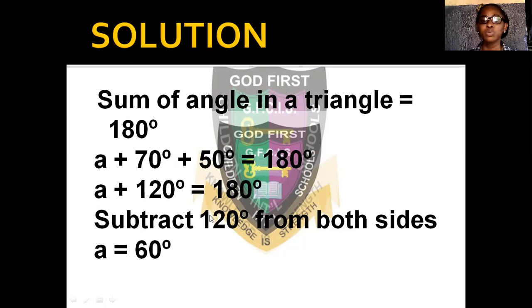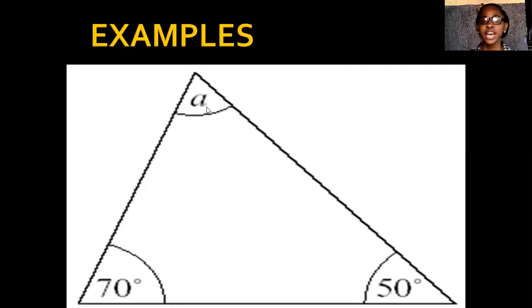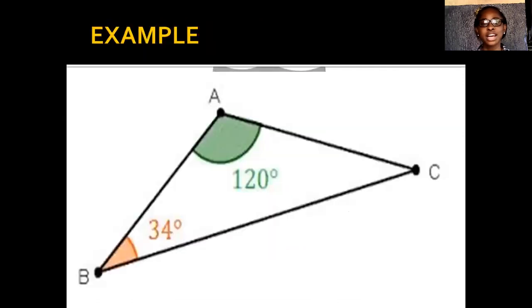So the value of A here is 60 degrees. And the addition of 60 plus 70 plus 50 gives a total sum of 180 degrees, which is the sum of angles in a triangle. So that is one example.